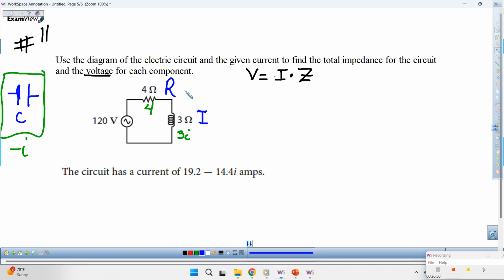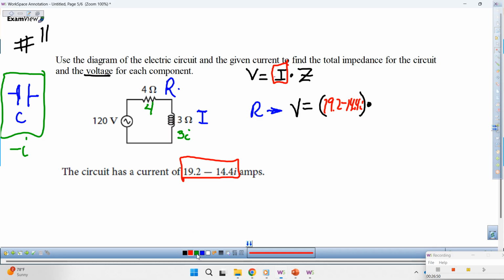All right, so let's start with the resistor. Here we go. We're going to write our voltage equals the current times the impedance. The current is what we're going to substitute for this I, so that is 19.2 minus 14.4I. And what is Z? Z is this number, which is 4.